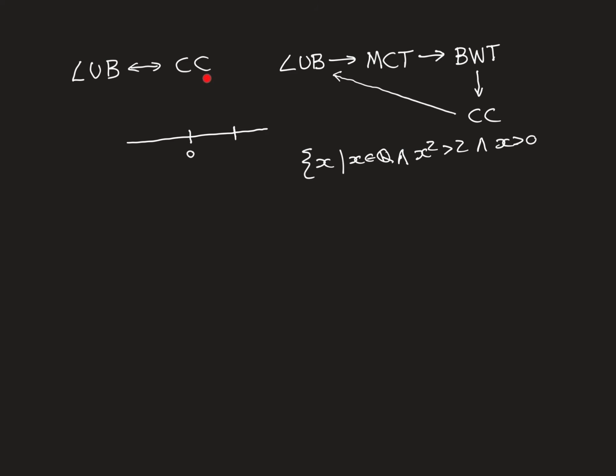So by insisting that all Cauchy sequences converge, it actually plugs in the gaps just as well as the least upper bound axiom. So they are equivalent characterizations of this gap-filling axiom of the real numbers.